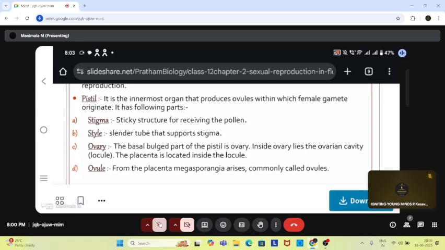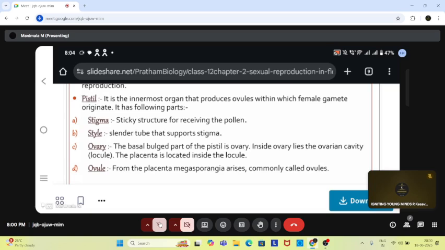So the female reproductive part is called gynoecium. Apart from that, gynoecium can also be called pistil and carpel, other names for the female reproductive part.